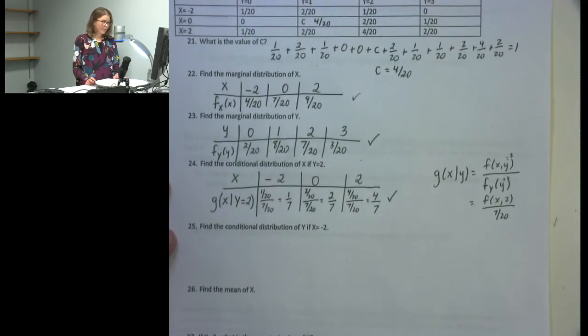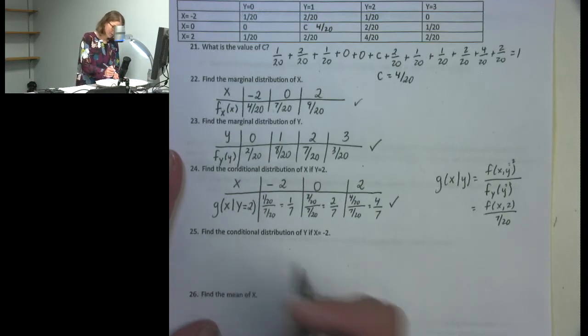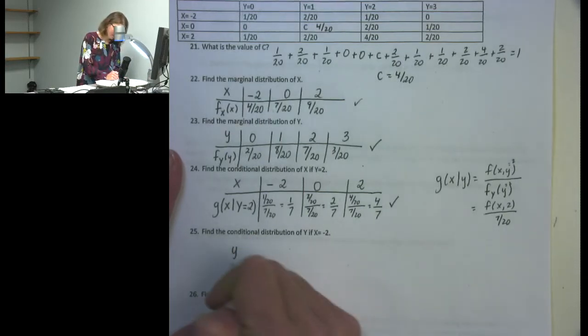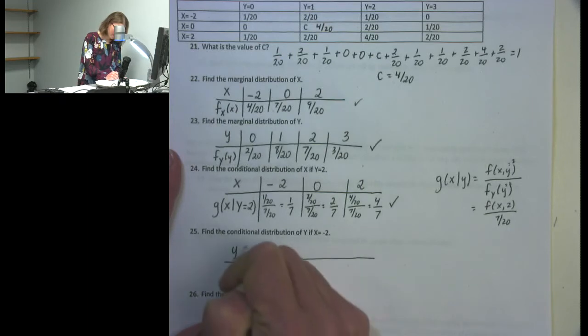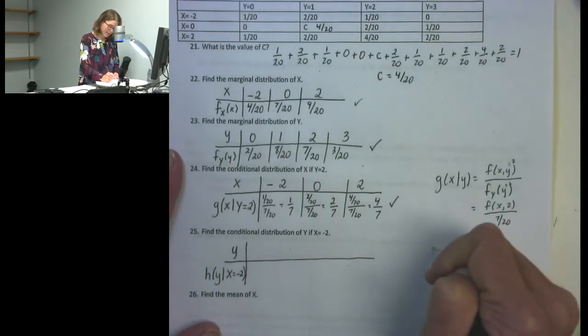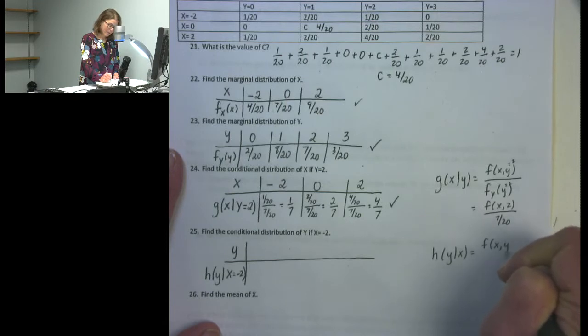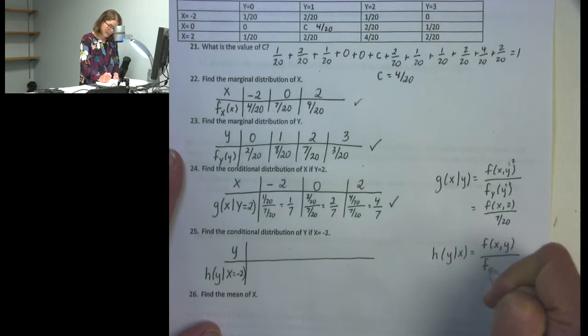Next I find the conditional distribution of y if x is equal to -2. So here, for all the values of y, I'm finding h of y given x equals -2. And to do that, h of y given x, remember, is the joint probability that X is equal to x and Y is equal to y, divided by the marginal probability that X is equal to little x.